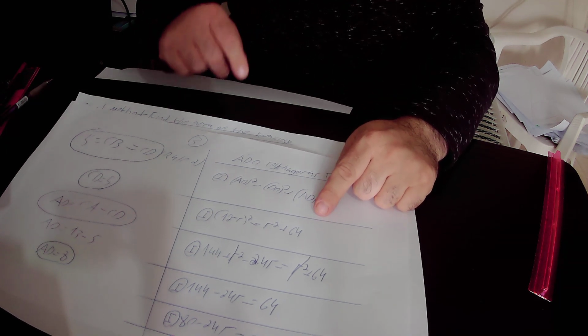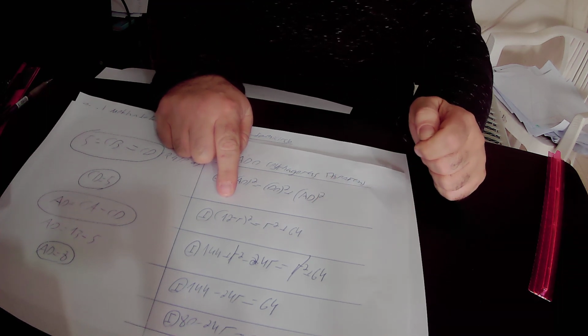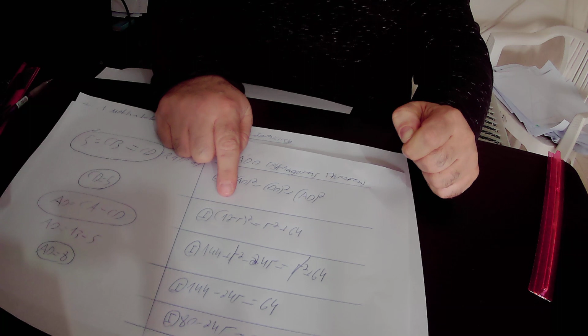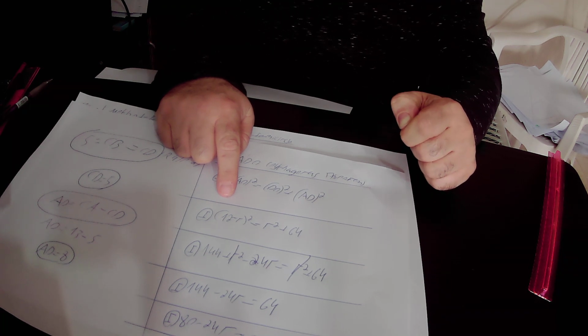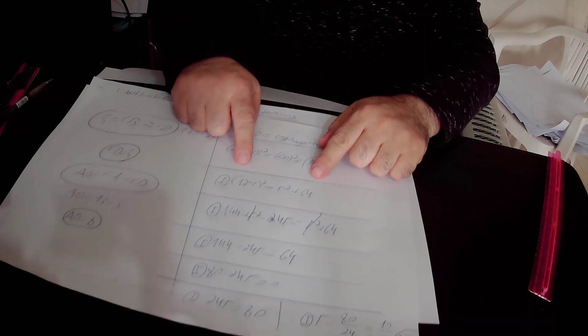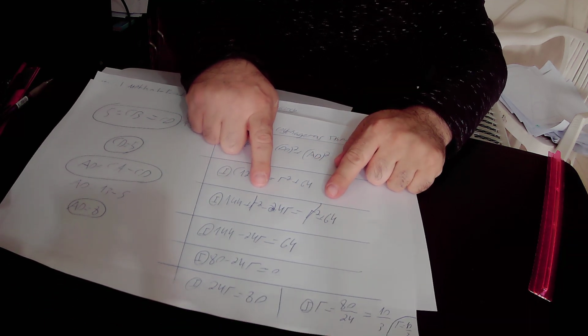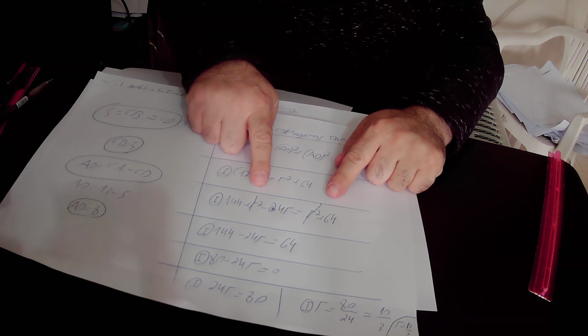We open the brackets of this side of equation number 1 and we get that (12 minus R) square equals 12 square, which is 144, plus R square minus 24R, equals R square plus 64. We have R square on both sides of this equation, so R square will get cancelled. What is left from equation number 1 after we cancel the R square?